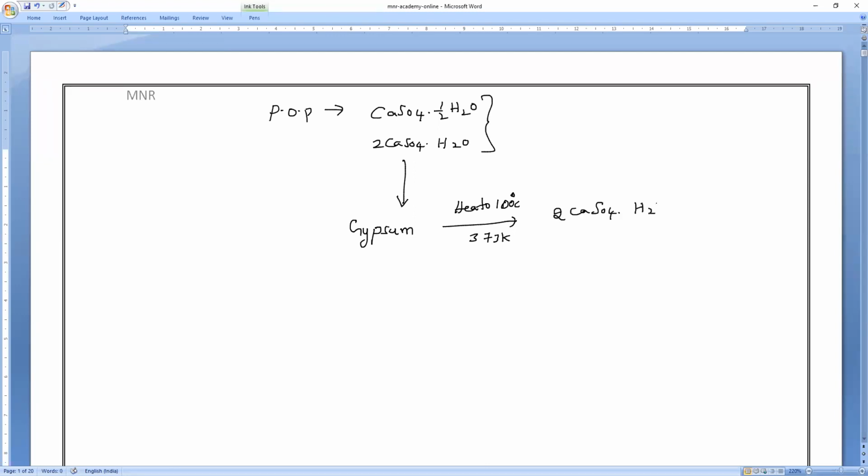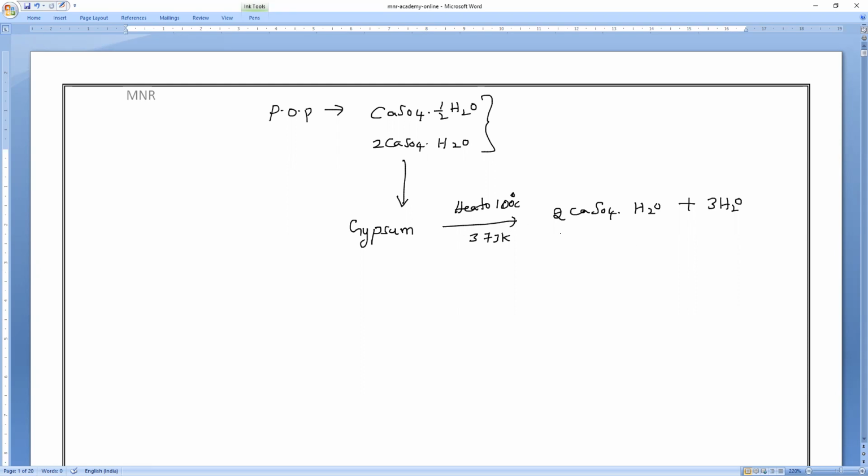Yesterday I told you. Only calcium sulfate will form, sir. Yes, that is called something. What is that called? Dead burnt plaster. That is the reason.